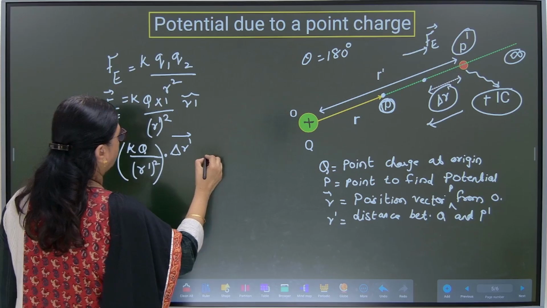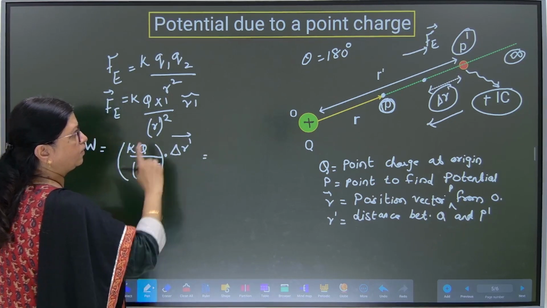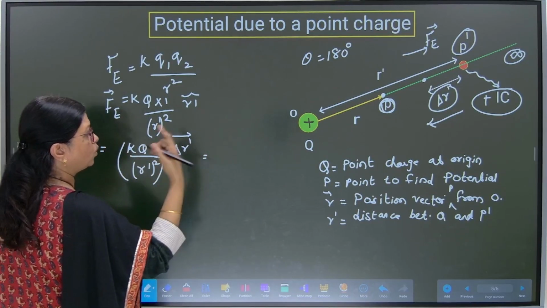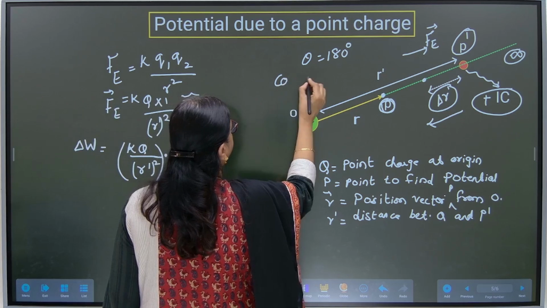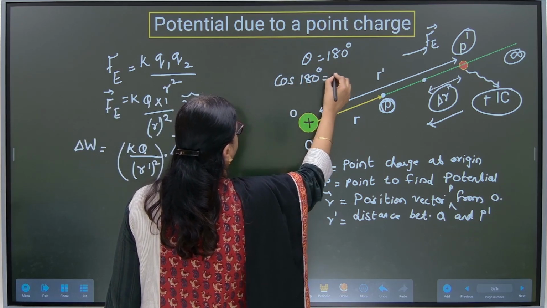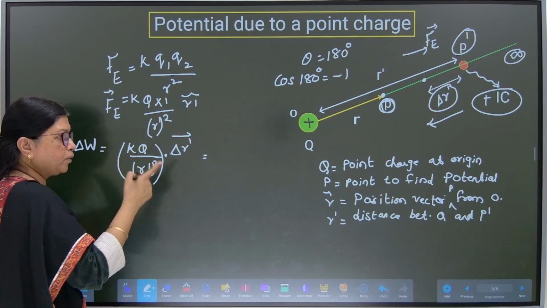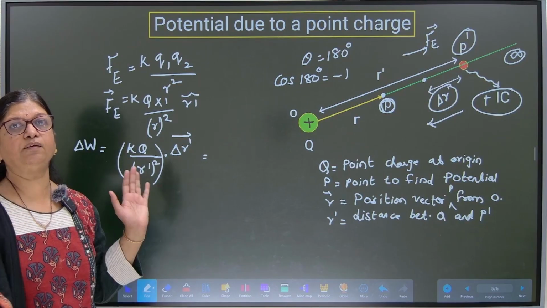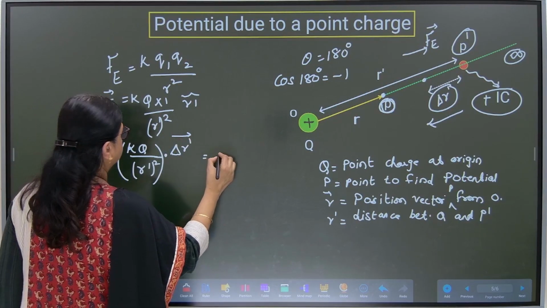So if it is a dot product, then what is the angle between the force and the displacement? 180 degrees. So cos 180 degree is equal to -1. That I write here.